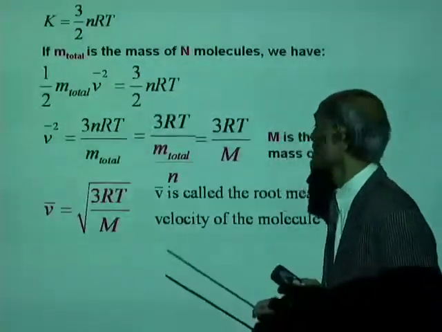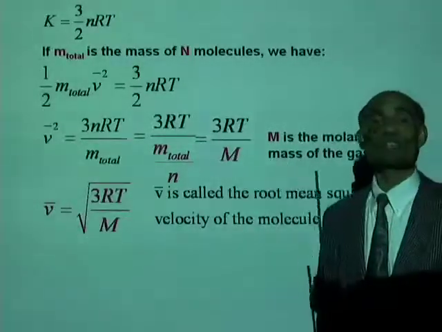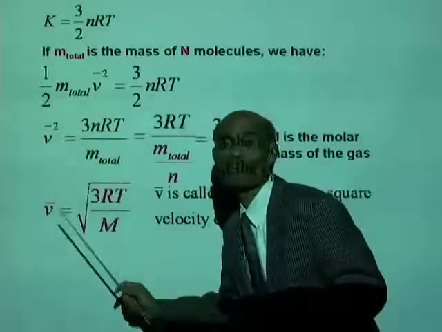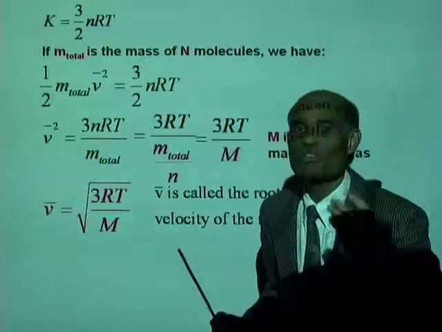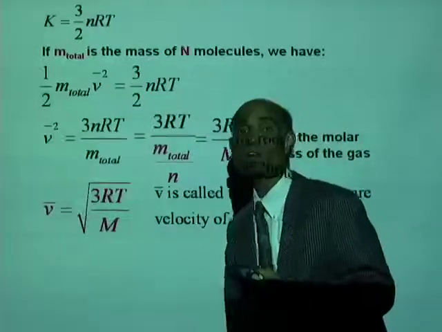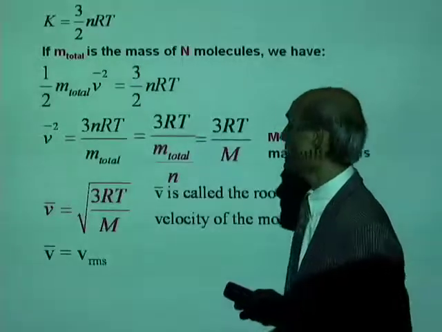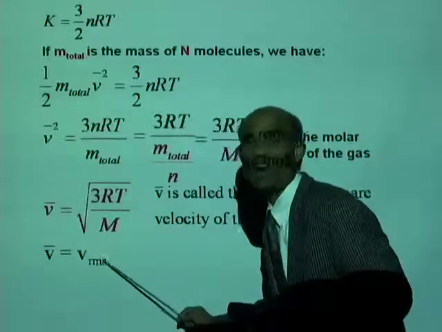Now, V bar is called the root mean square velocity of the molecule. You simply understand it as the average velocity of a molecule, which is the square root of 3RT over m. We also very often call it V_RMS.